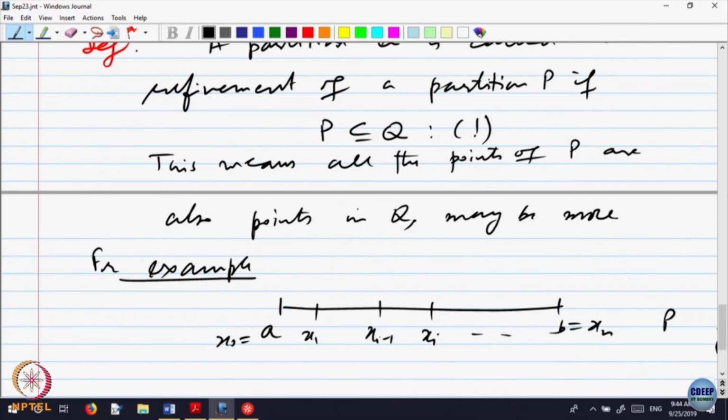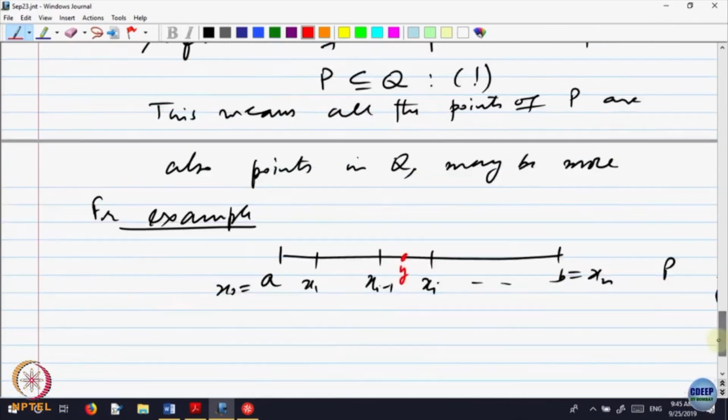If I want to make a partition which is a refinement of P, I may add some points, say for example y here, right? So P is x0, x1, up to xn, and Q is x0, x1, up to xi minus 1, an additional point, in between. So you throw in more points in the partition P to get a refinement, okay? So that is the idea.